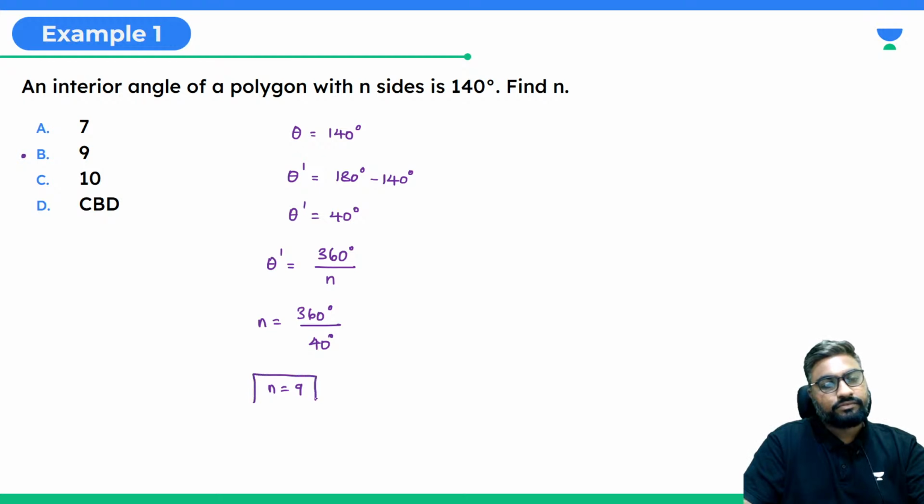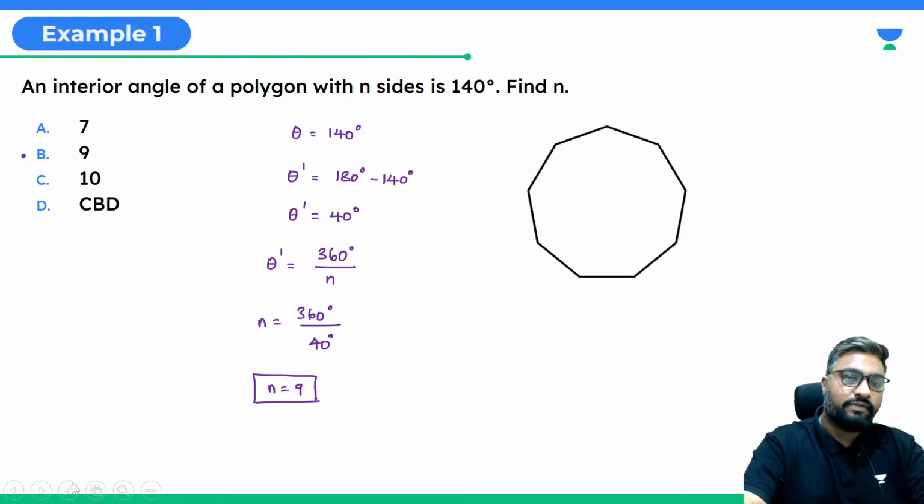Yes, very good, super. But there is a small problem here. If the polygon was like this, then we could say this angle is 140, this angle would be 40. We form a 9-sided polygon.